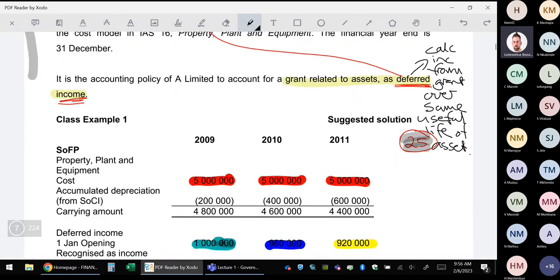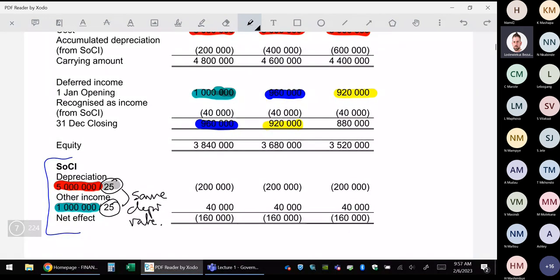So we will use 25 years to calculate depreciation and other income, and we will account for it.